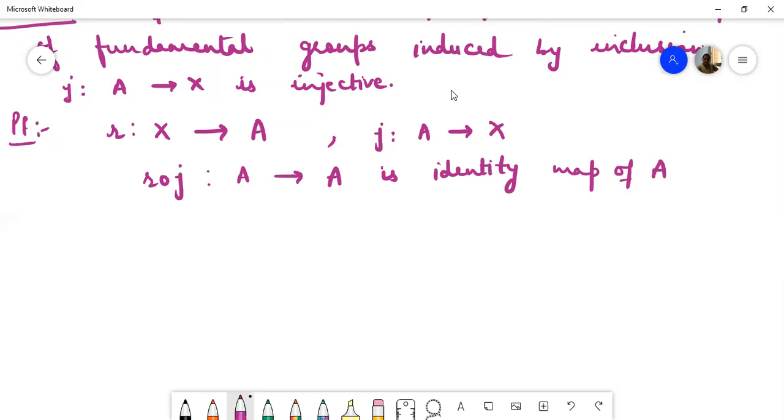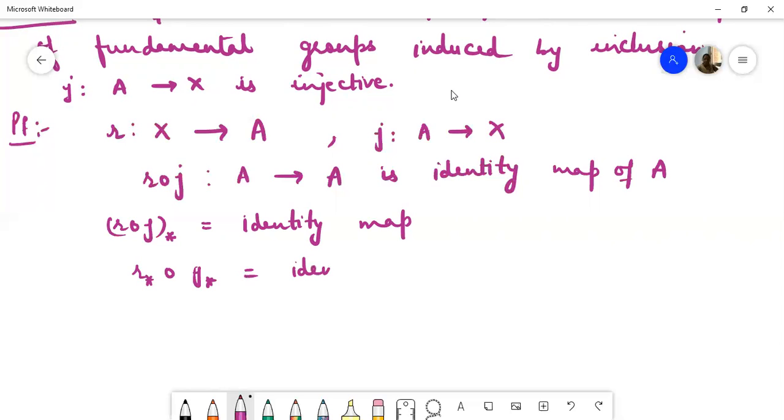And we have proved that if the mapping is identity, then the homomorphism induced by that mapping is also the identity map. So (R circle J) star, the homomorphism of the fundamental group induced by R circle J, is also the identity map. But we know (R circle J) star is R star circle J star, so it is the identity map.